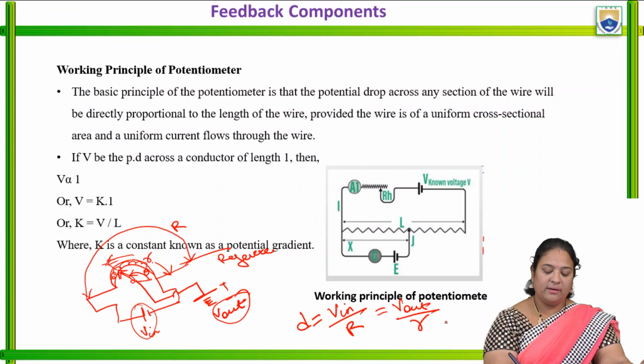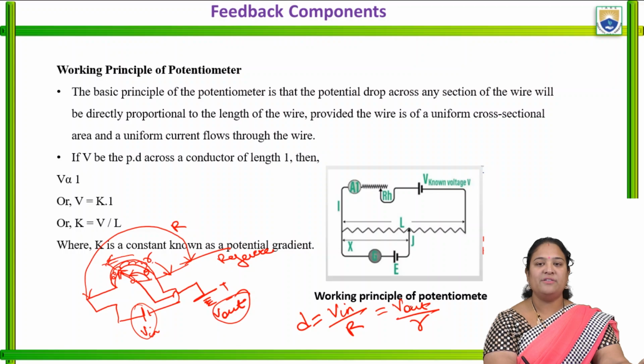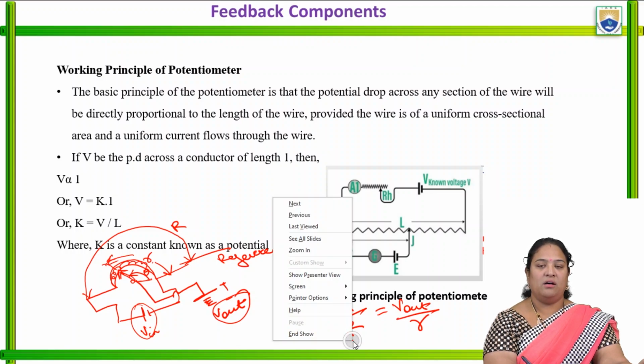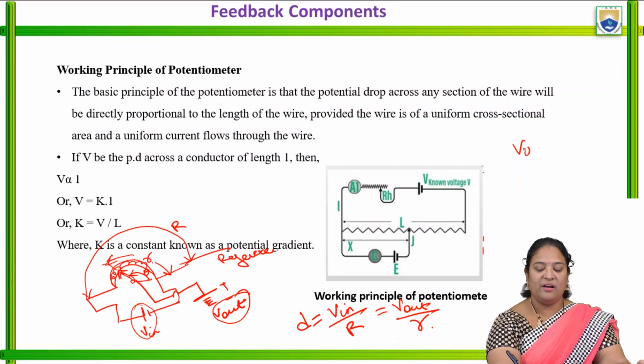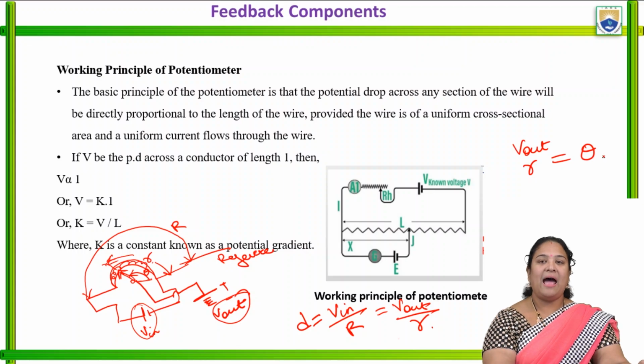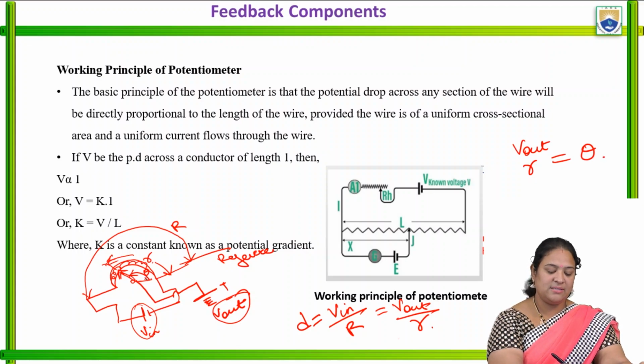With the help of the input voltage, the output voltage, the resistance of the potentiometer and the resistance of the wiper, we will be finding out the angular displacement. When V out or R is known, we can even find out the angular displacement, that is theta.